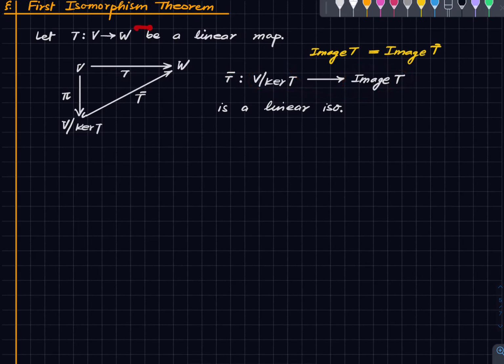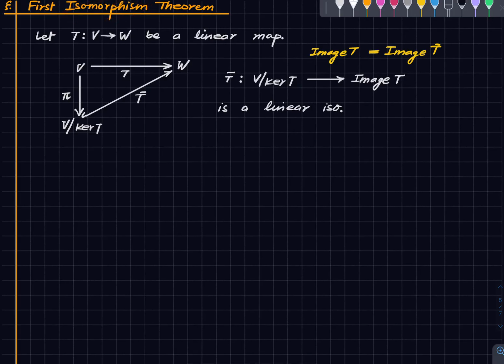But anyway, the first isomorphism theorem is just this much, that T factors injectively through the quotient space coming from the kernel to give a map T bar between this and that. This is the first isomorphism theorem, and just realize that this is a linear isomorphism, which is where the name isomorphism comes in this theorem.